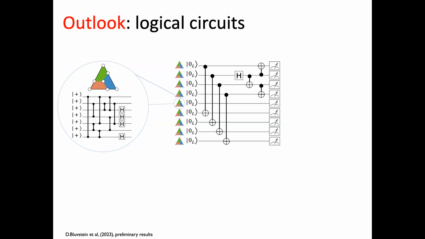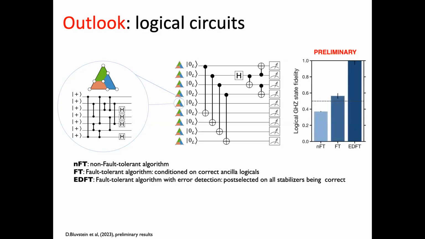For example, entangle, create a GHZ state, and again it's very early results. So this is the case where you don't do this error correction, don't do fault tolerant preparation. Here you do fault tolerant preparation, so you basically already break even. And again, if at the end when you do decoding, you only post-select on all stabilizers being correct, the fidelity is basically 1.